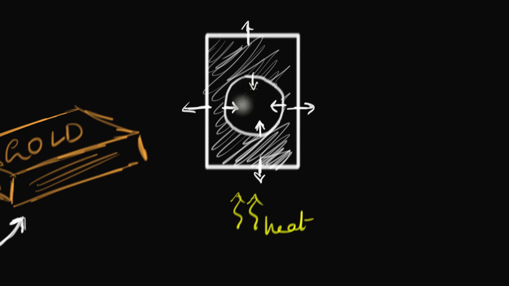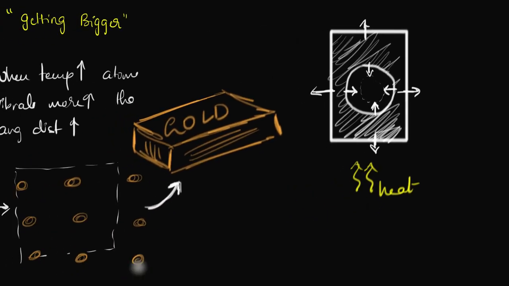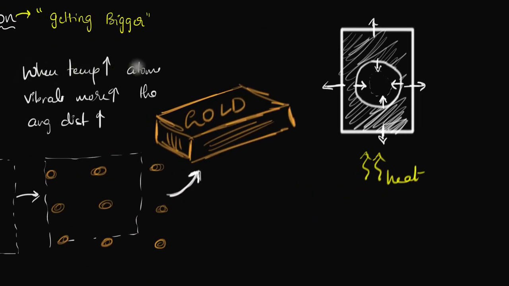Something like this. But guess what? That's wrong. That cannot happen. And a very easy way to think about this is we go back and we remember that as temperature increases, the average distance between all the atoms ends up increasing.